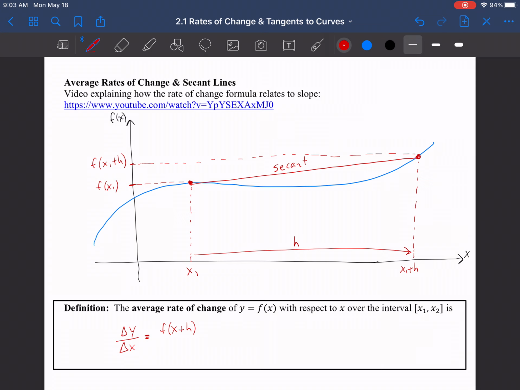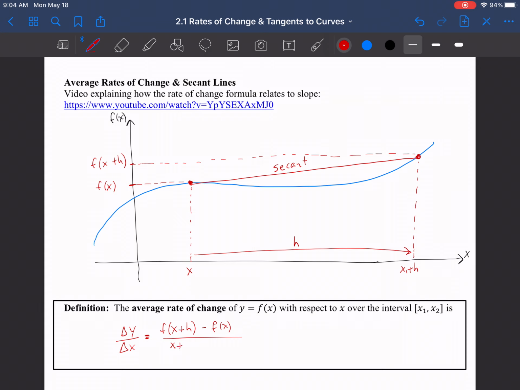It's just any x that we pick. I don't have to have x1 on there because we have no other x's in it. So we'll just go with f of x. And then this is minus f of x, over f of x plus h, so that's like y2 minus y1 over x2 minus x1.